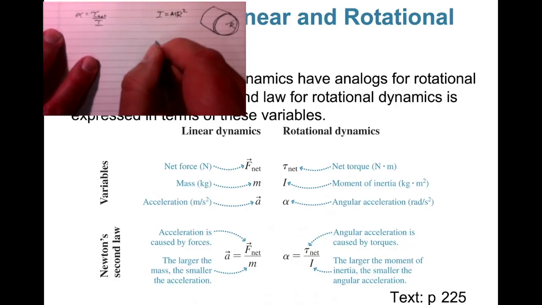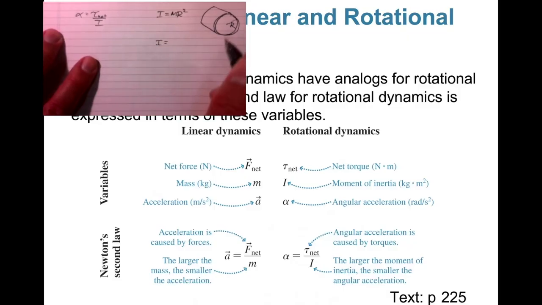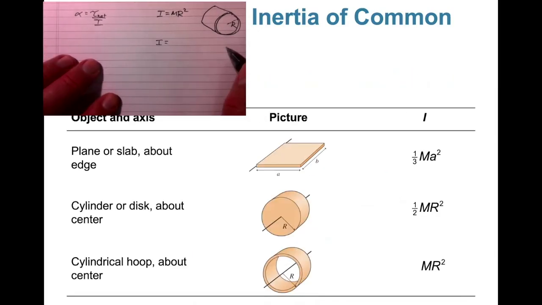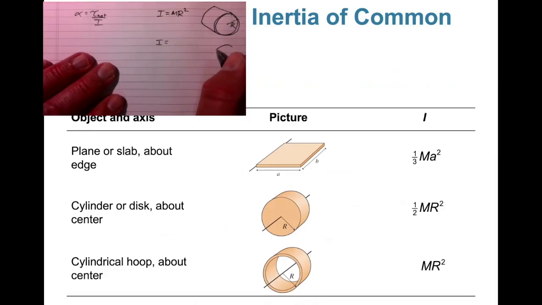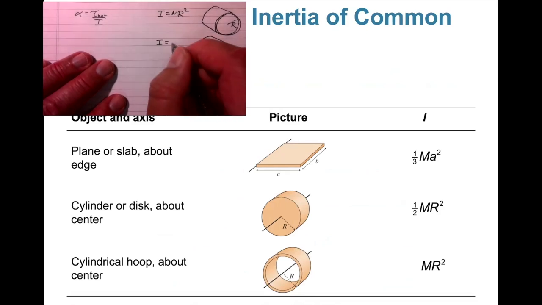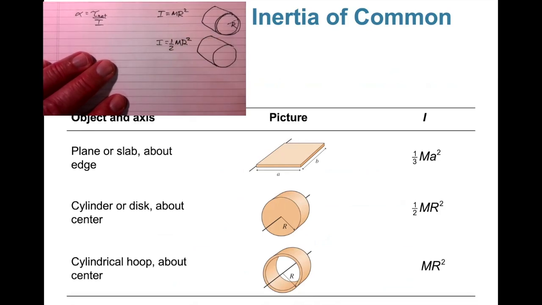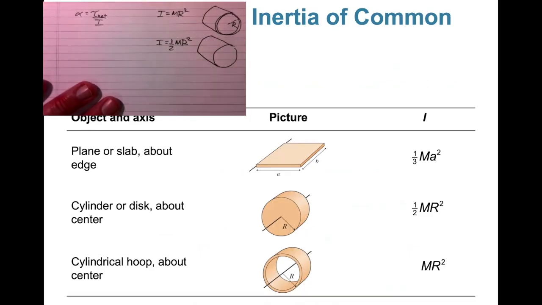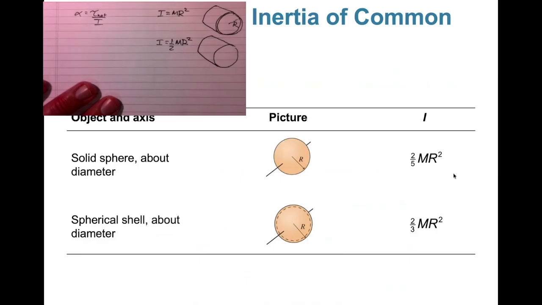Now, if it's a solid cylinder, this is going to be 1/2 mr squared. So these two different objects, and let's write down a hollow sphere while we're at it.